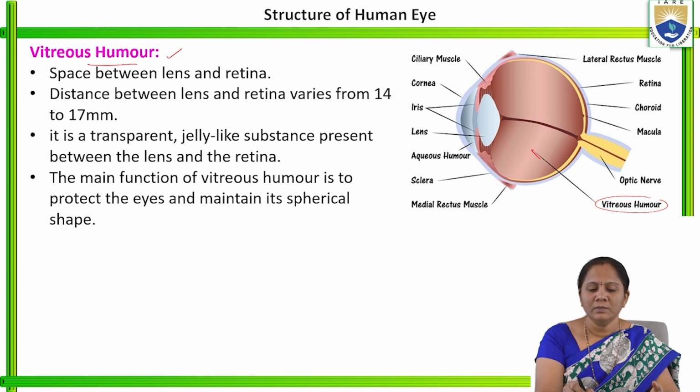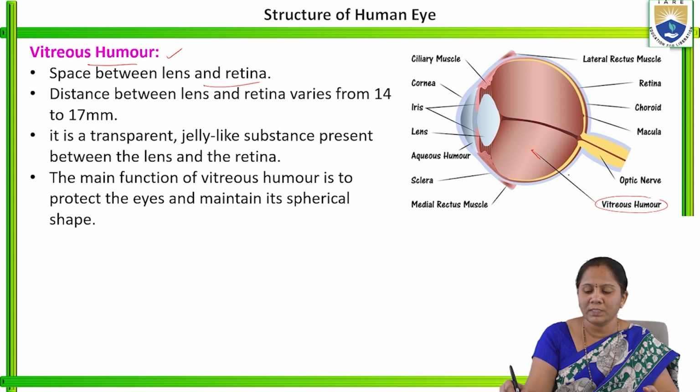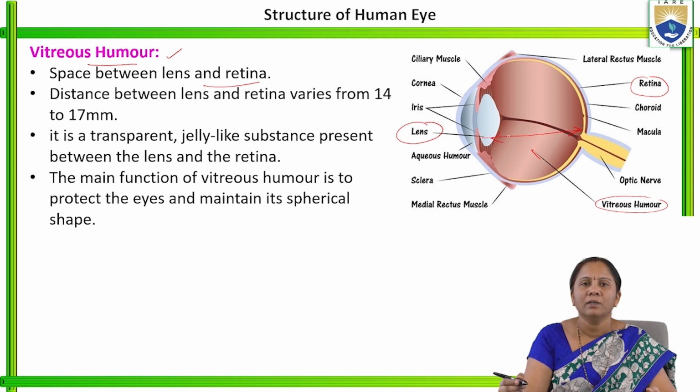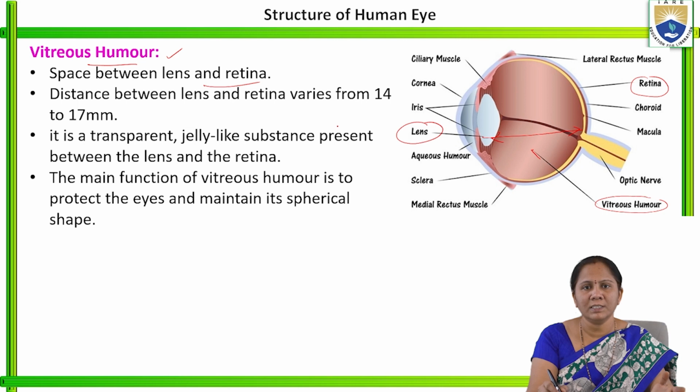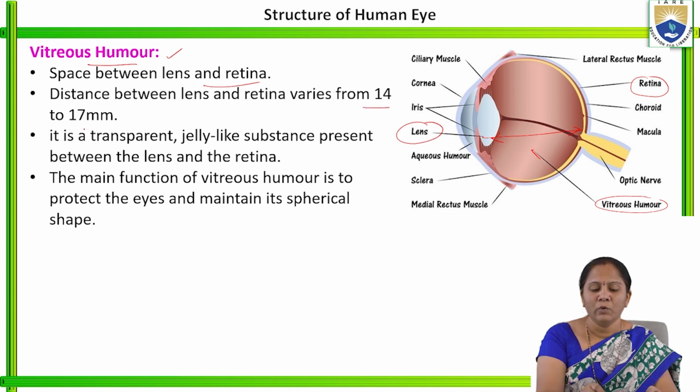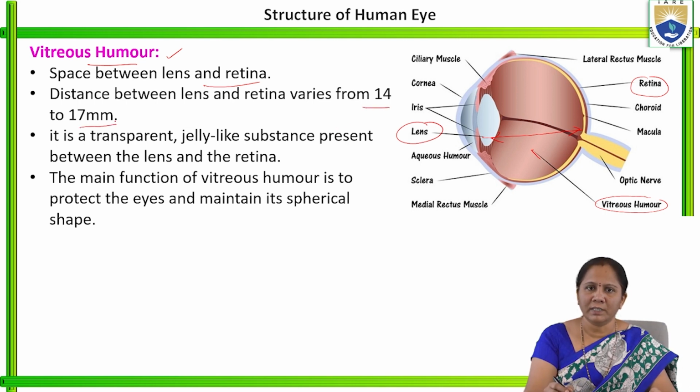So if you observe the space between the lens and retina, the space between the lens and retina is called the vitreous humor. So you can see it is present in between this lens and retina. The distance between that lens and retina will vary from 14 to 17 millimeters.